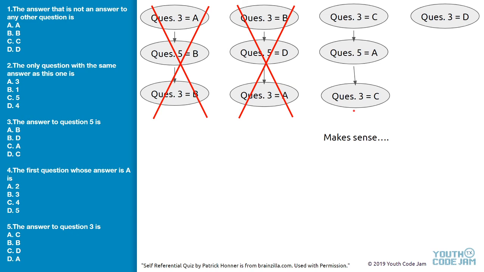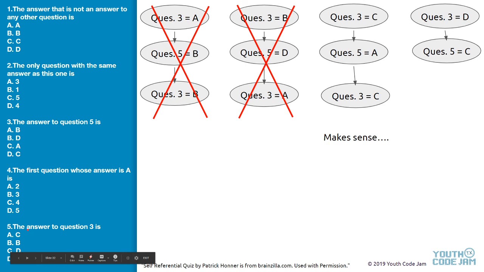But we're going to see what happens if we guess that question 3 is equal to D. So what happens then? If question 3 is equal to D, then the answer to question 5 must be C. We'll add that to our tree over there. And if question 5 is equal to C, then the answer to question 3 must be D. This one also makes sense.